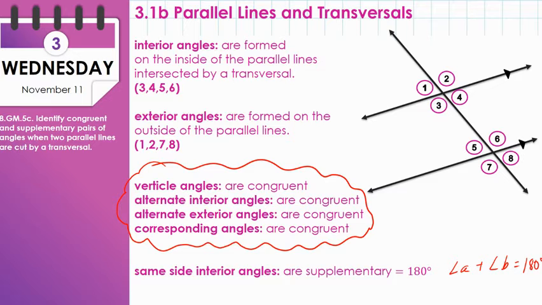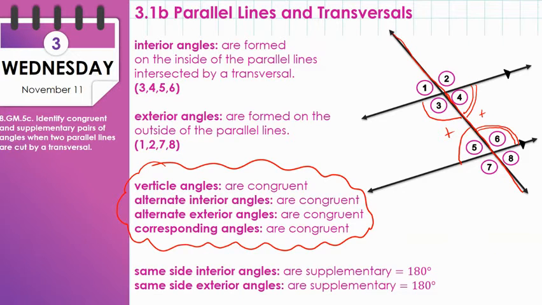So same side interior angles, same side of the transversal, inside. Angle 3 plus angle 5 would equal 180. Angle 4 plus angle 6 would equal 180. Same side interior.